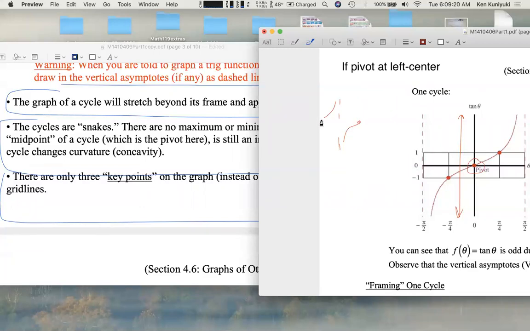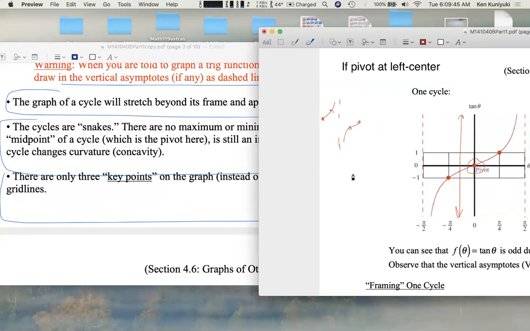We do get key points at the ends. So we end up with a half a snake, a VA, and half a snake. We would get quarter points also over here and over here.